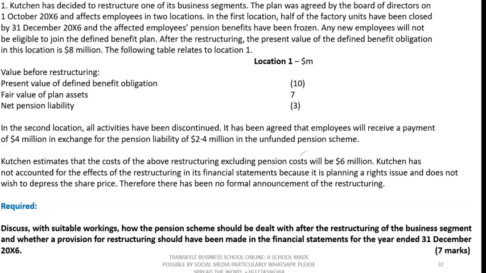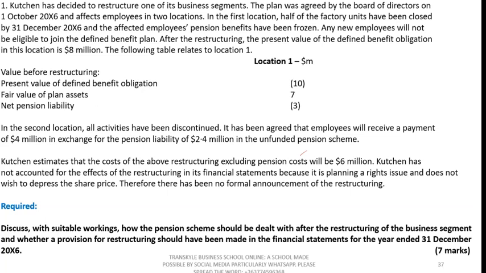So you can see that in this particular question, already we are being taken to the issues to do with curtailment, because there is a significant reduction in the employees in the plan.